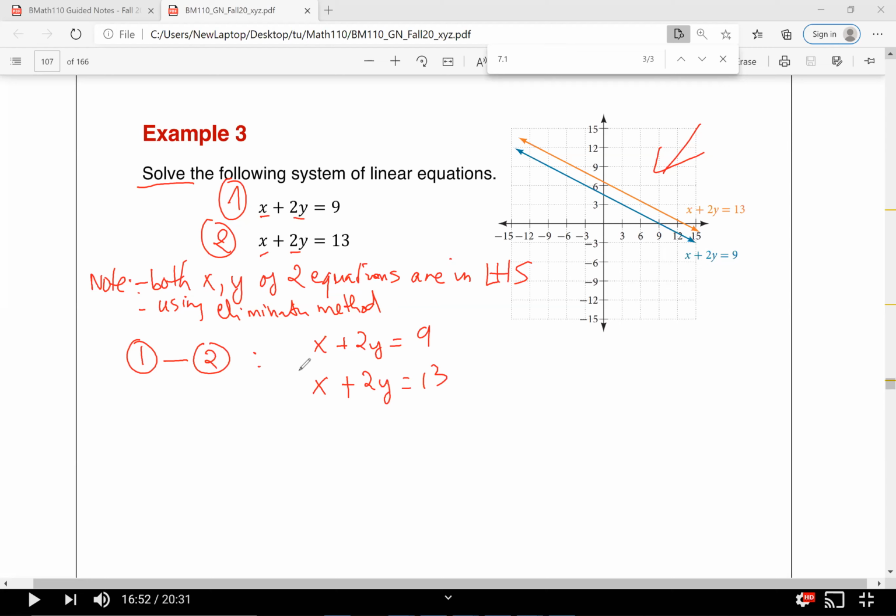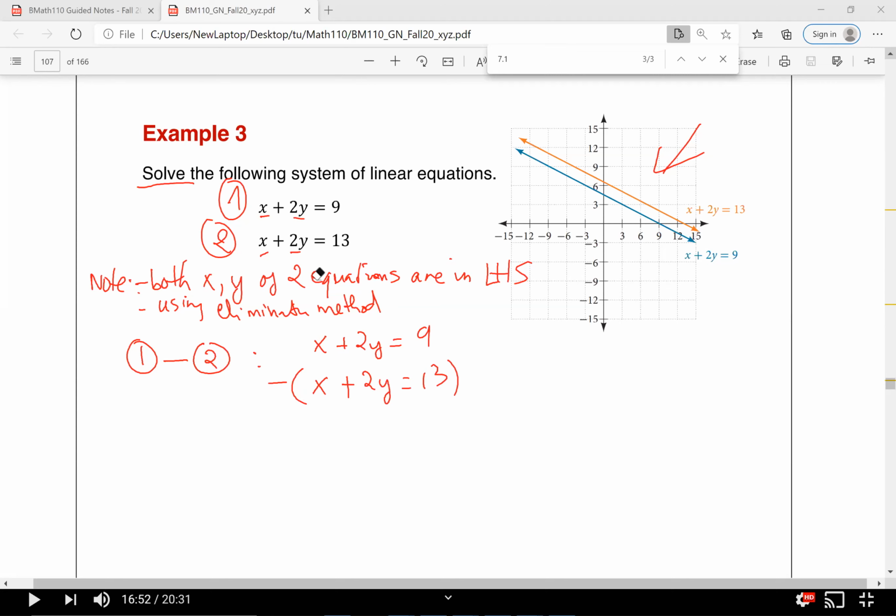And if I subtract all of this, right? So you see why I do this? Because I try to eliminate. When you use the elimination method, you try to make one variable have the same coefficient, and then eliminate it. That means you subtract it.